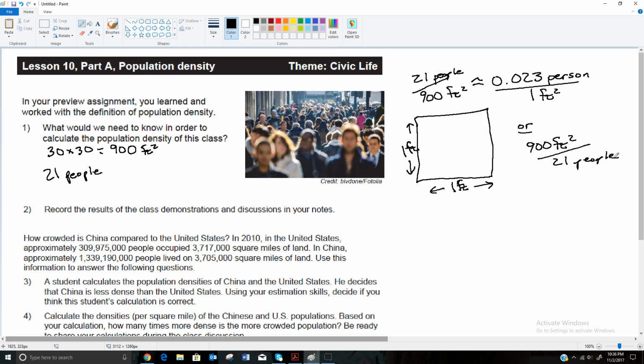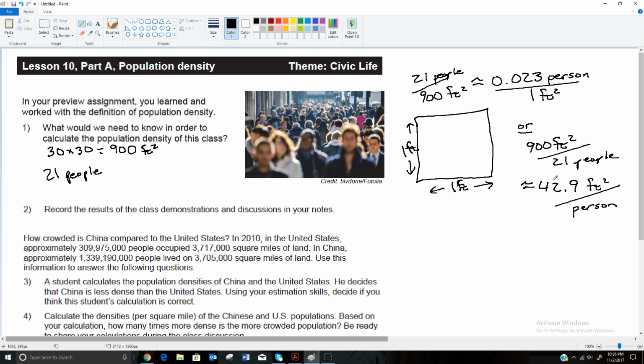If we do 900 divided by 21, then we get about 42.86. I'm just going to say 42.9 square feet per person.